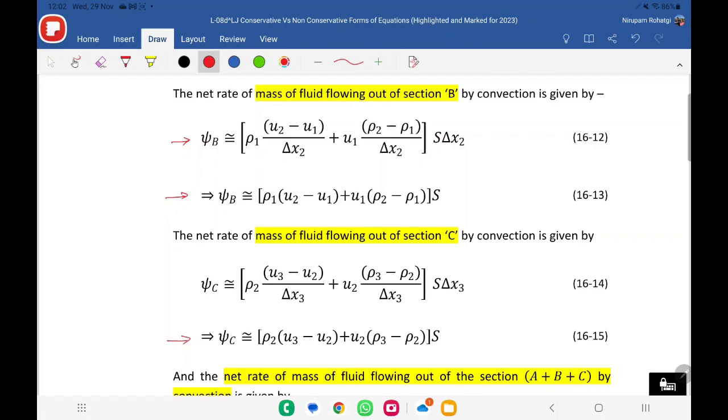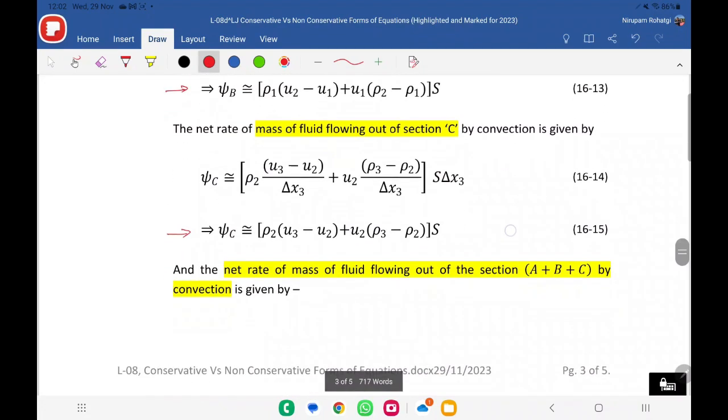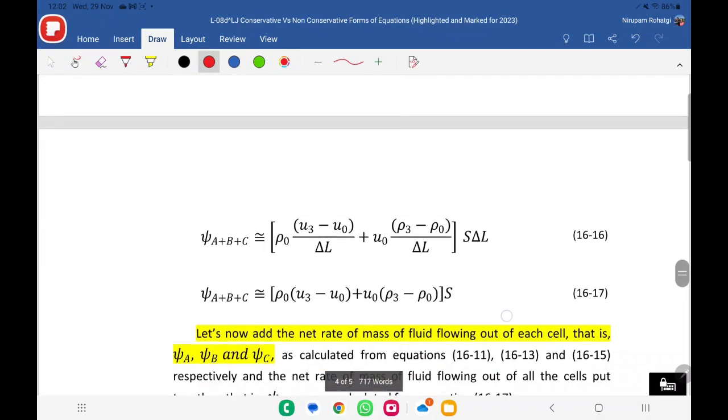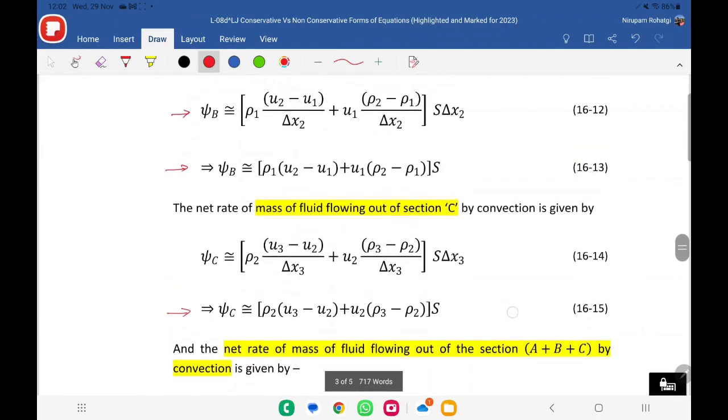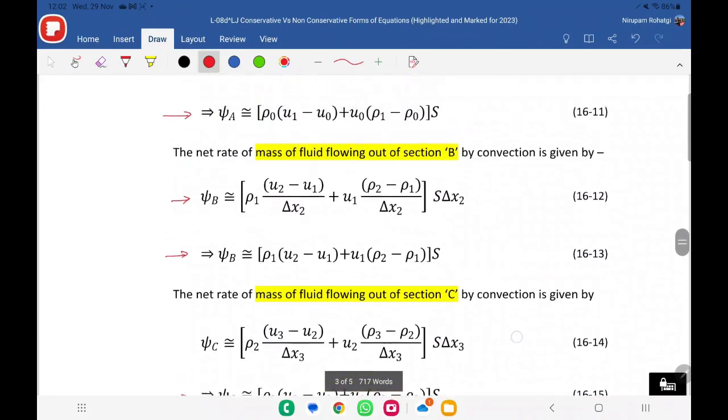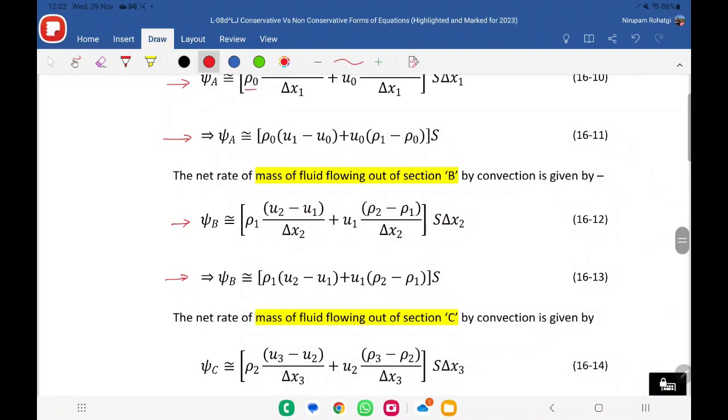Now when you add it up, what will happen? You will get a term like this. Okay. If you take all of them together, it will be this. This is all the 3 elements taken together. Now this thing is not the same as when you add it up. If you add it up, you will have, I should have added that and put it here.